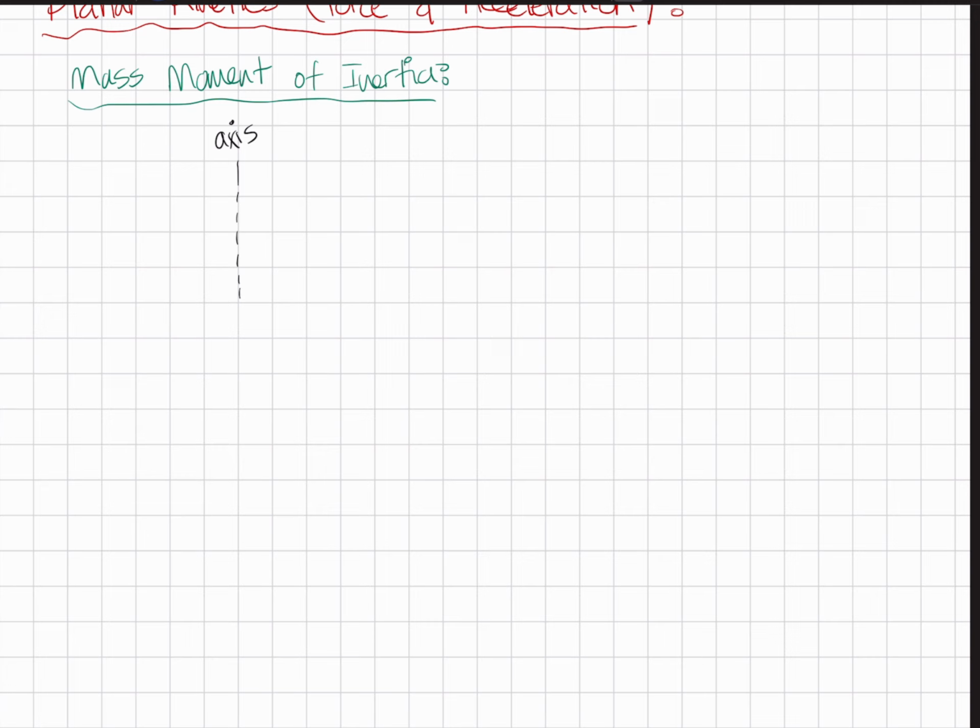And then we have our two-dimensional body. In this case, we have this potato. And then, for every increment of this potato, we could have a delta m, which is the incremental mass. And this incremental mass is at a distance r away from the axis, and this distance is at a perpendicular angle to the axis.